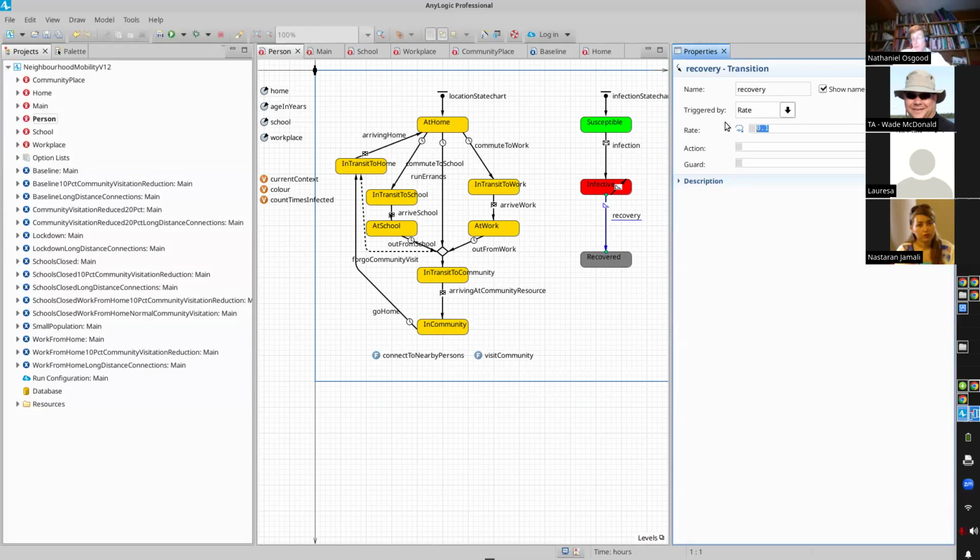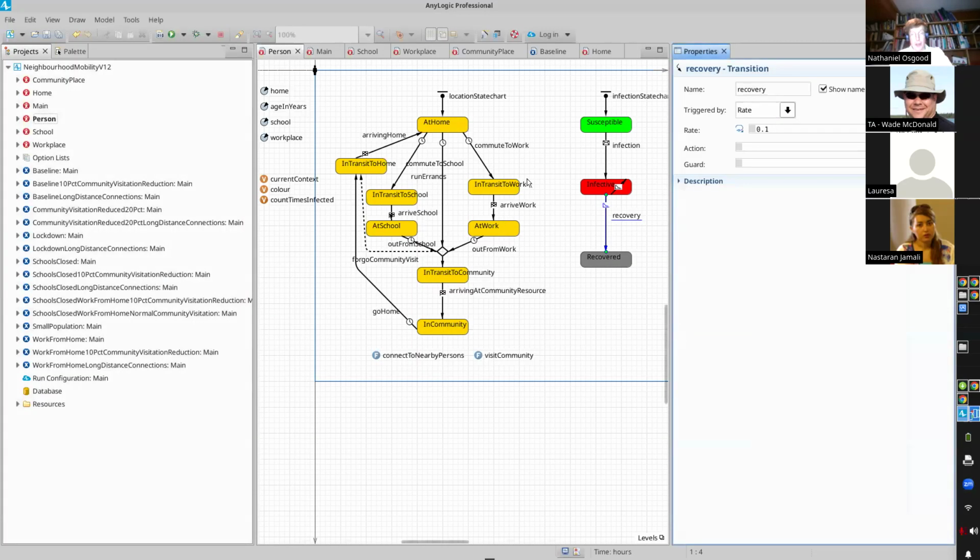If you have a Poisson process where you're in this state and you have a certain chance per day of leaving at a rate R, your mean time that you stay in here, all other things being equal, will be 1 over R. So this is implying a mean time in this state of 10 days because the rate of leaving is 0.1. 1 divided by 0.1 is 10 days.